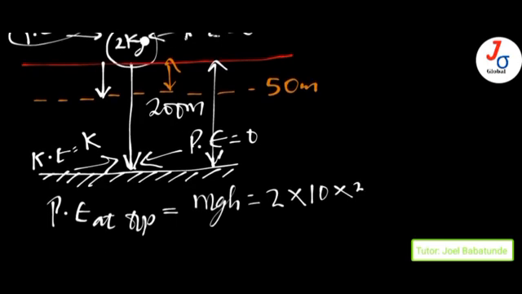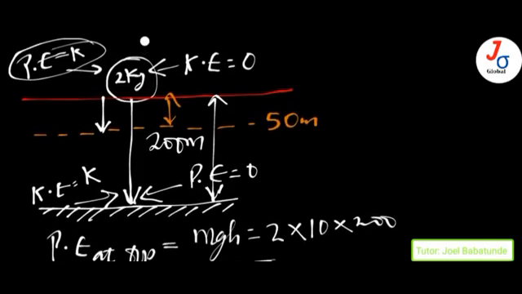So the energy at the top is 4,000 joules. That is the K. So K is equal to 4,000.